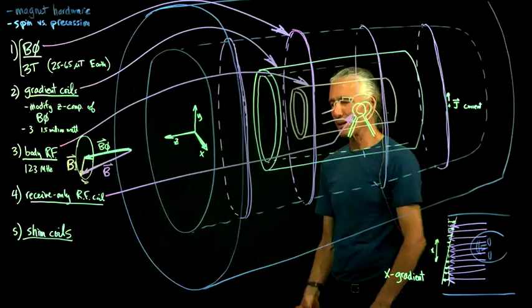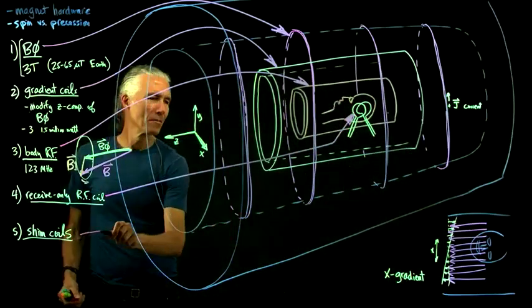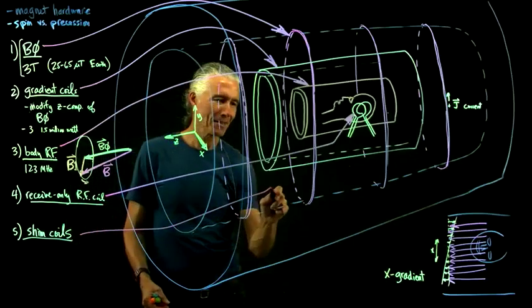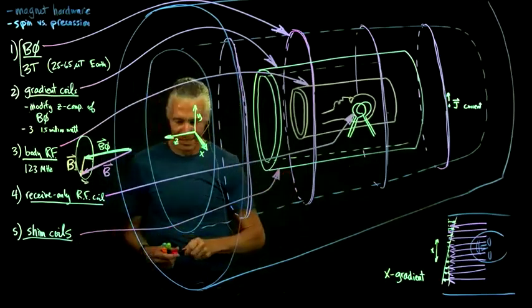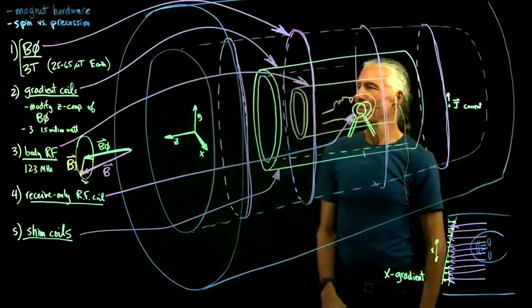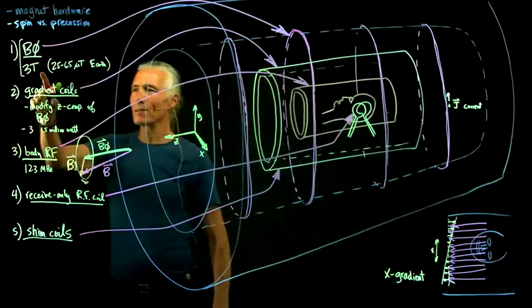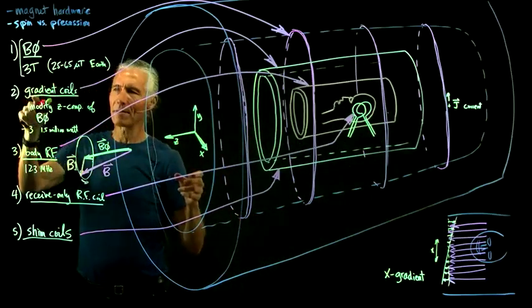They're actually in the gradient coils. So we'll put these guys inside the gradient coils. That's where they are. Okay, so that's pretty much it. Everybody's good on all the parts? So we just got this B0 field, which is necessary to polarize the protons. We'll find out. And then we got the gradient coils.